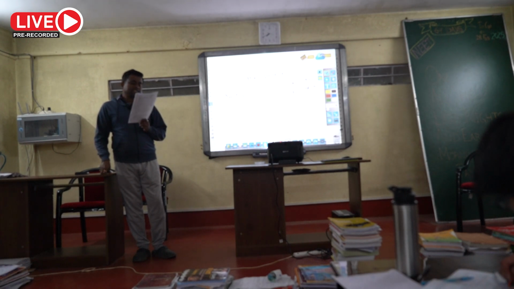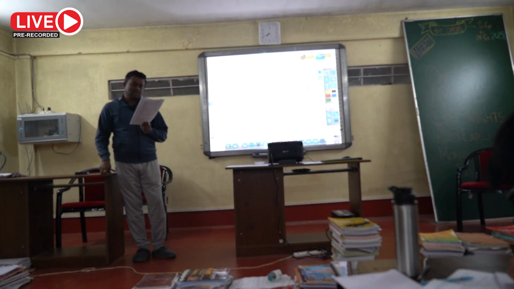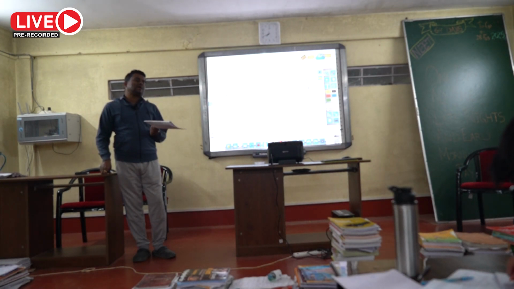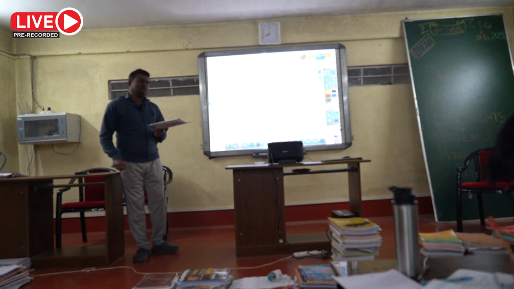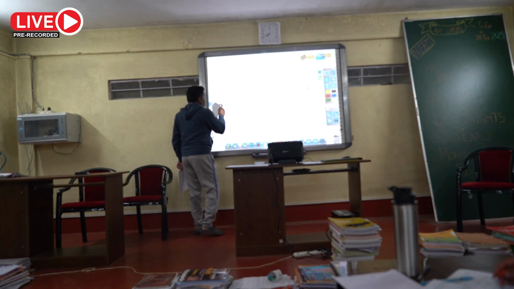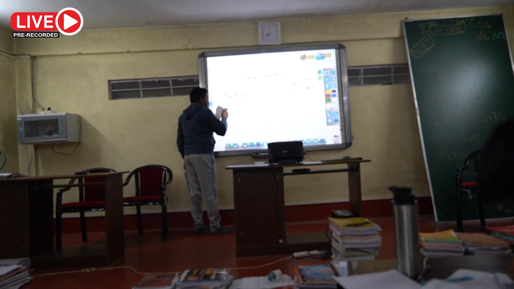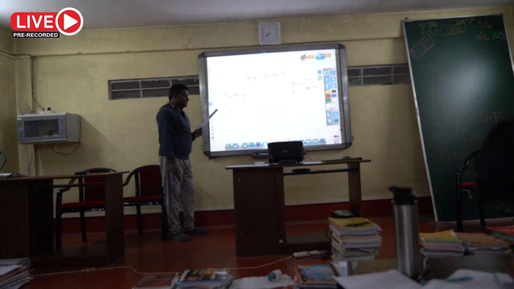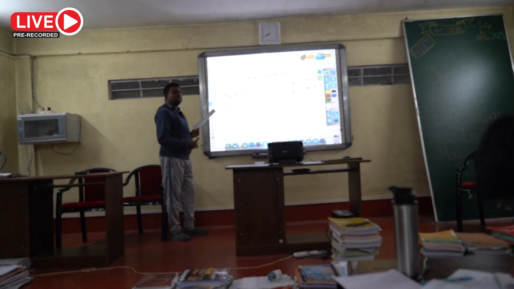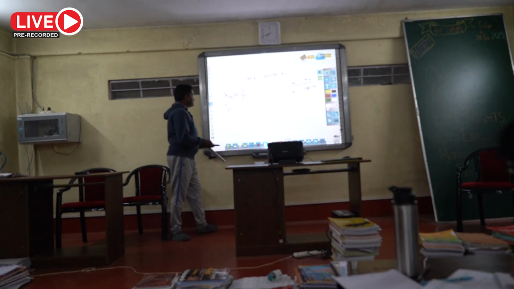Now, highest temperature means least lambda. So, which color among them has least lambda? Violet. So, highest temperature is for violet, that is Tp. Next highest temperature, next shorter wavelength is green, so it is Tr.